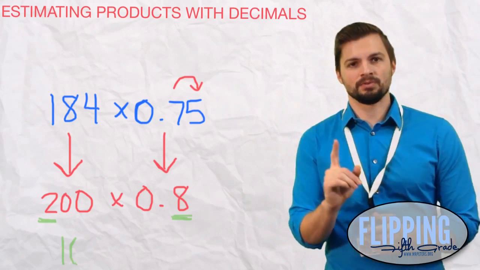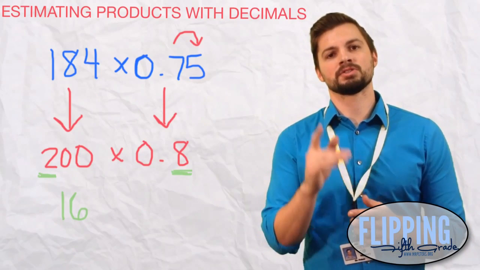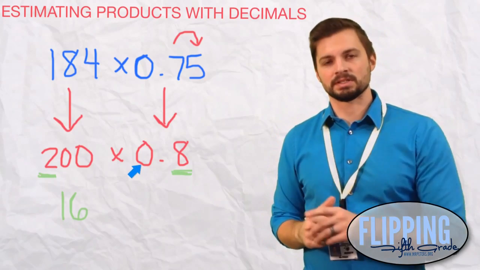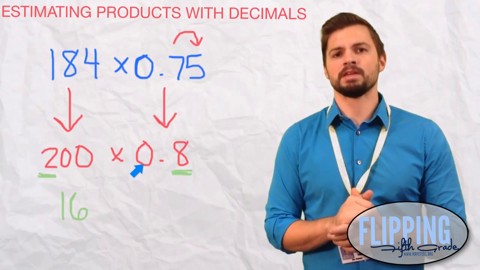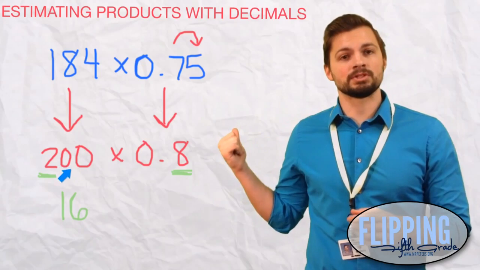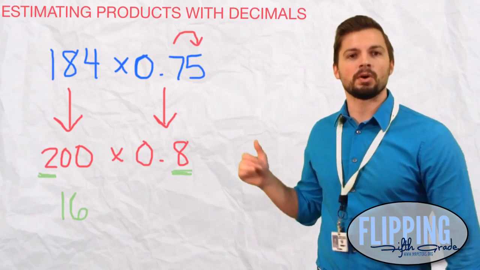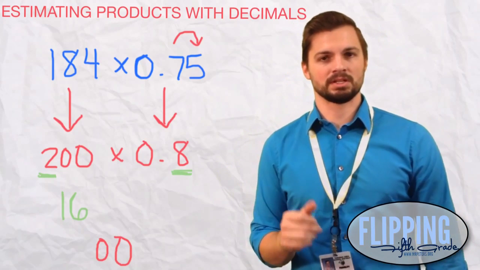Now, listen carefully. I want to put all my zeros that are not just in front of a decimal. For instance, that 0 in front of 0.8, that really has no meaning or value to it. The zeros after the 2 in 200, both of them have value because they're placeholders. So I'm going to drag both those zeros over, and I get 1,600.